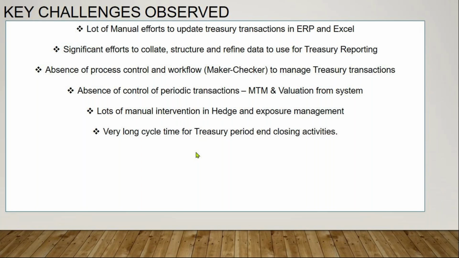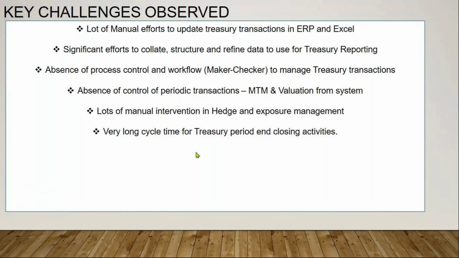To maintain one or two processes, they have 20 to 25 different reports they generate in the treasury itself, and they are updating all these things manually in the different Excel reports and sending them to their higher authorities. That's how it's happening.